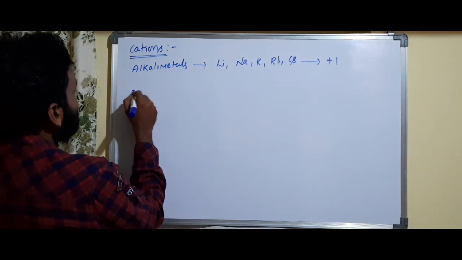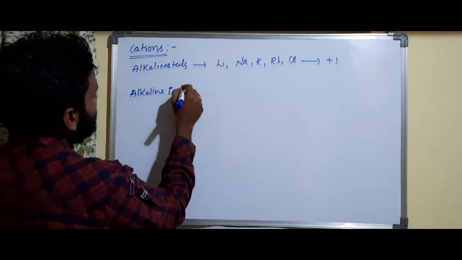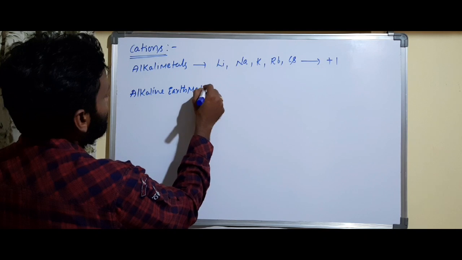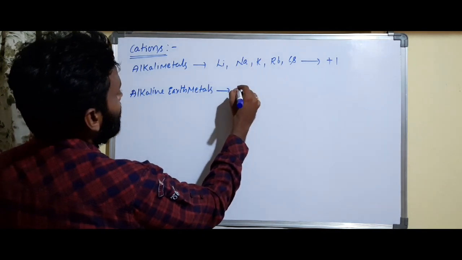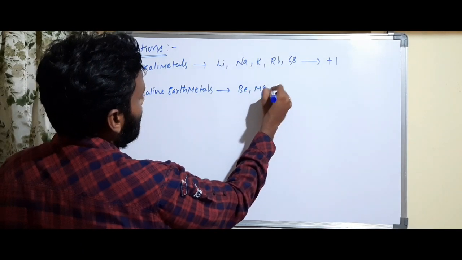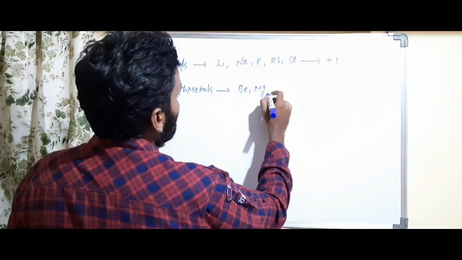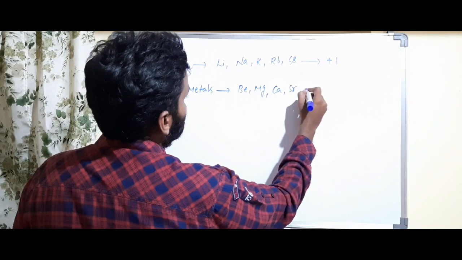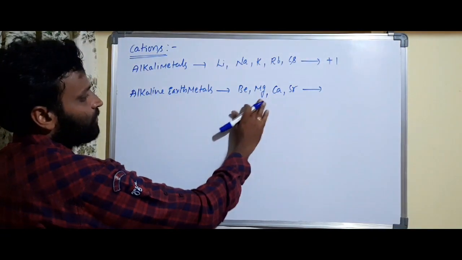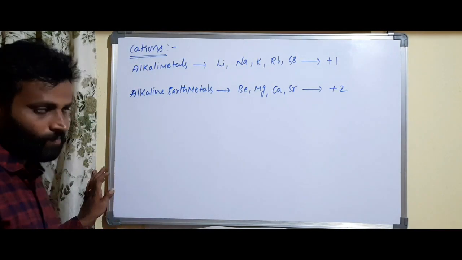Okay. So next, alkaline earth metals. You will get beryllium, magnesium, calcium, strontium. For these kind of metals, blindly you can go, that is +2.